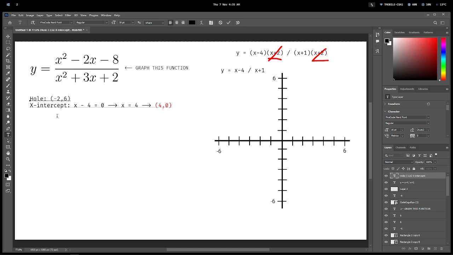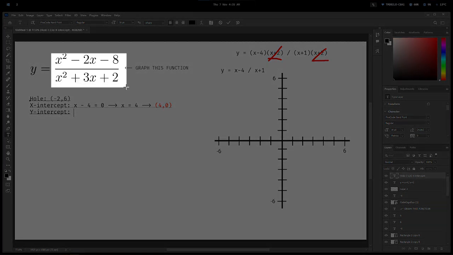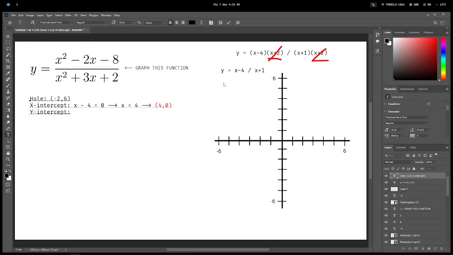So we will be finding our y-intercept. To find the y-intercept, all you gotta do is set every single x in the equation to 0. So it doesn't matter if it's factored or not. You could use this equation, but in this case, I'm not an insane person, so I will be using our baby equation over here.